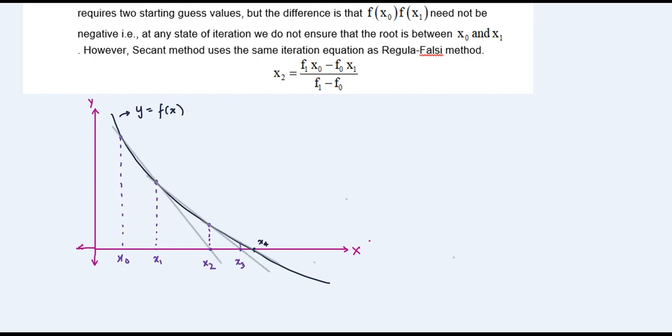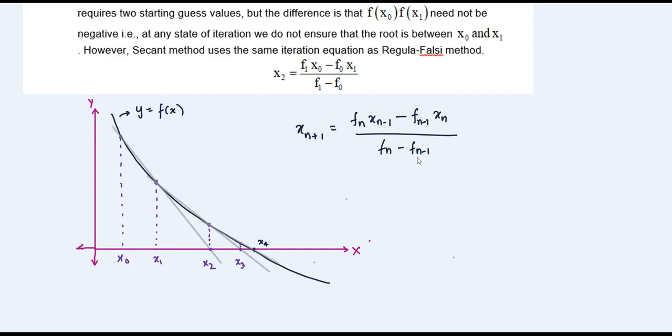So in this, the nth iterative step will be f of n times x of n minus 1 minus f of n minus 1 times x of n by f n minus f n minus 1.